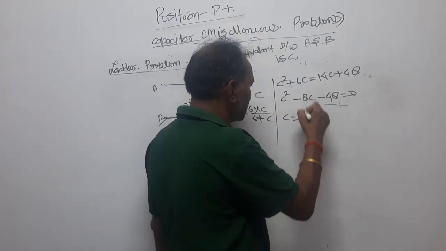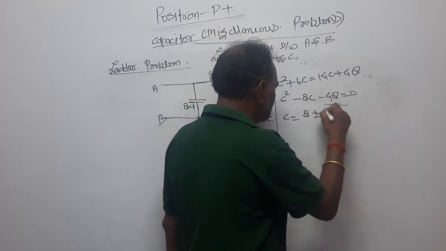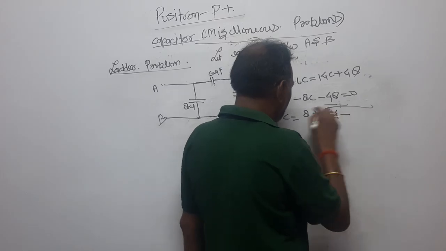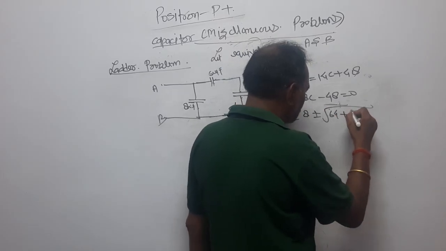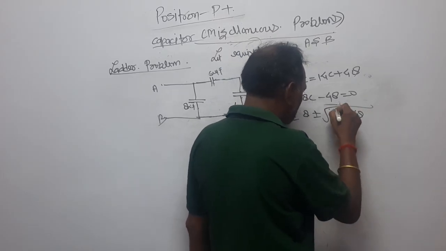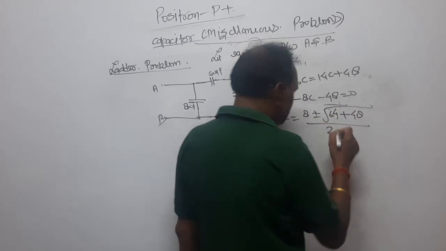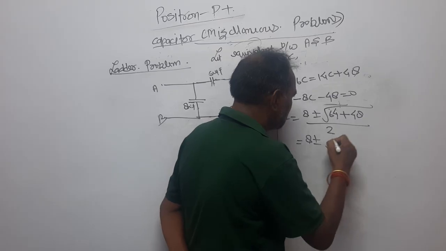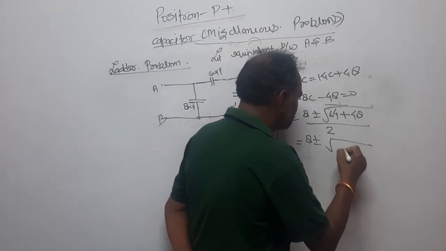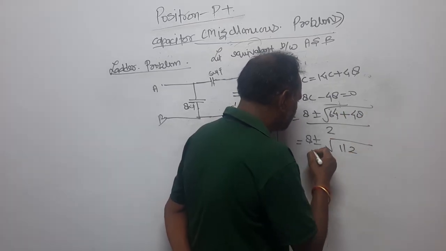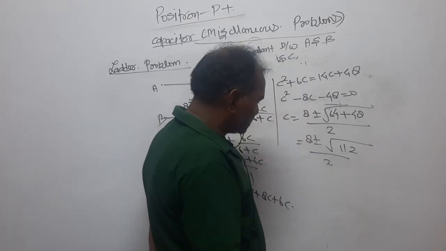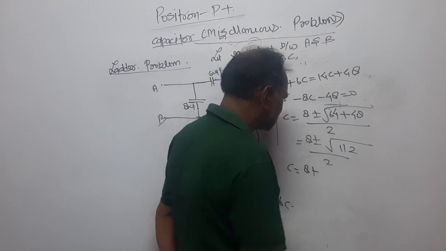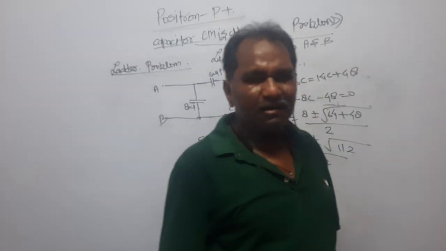So C is equal to minus b plus or minus under root b square minus 4ac, where a is 1, c is minus 48, so it becomes plus 48, divided by 2a. Now it will be 8 plus or minus 4 8 12, 6 4 10, 11 by 2. Now look here, C is equal to 8 plus 11.